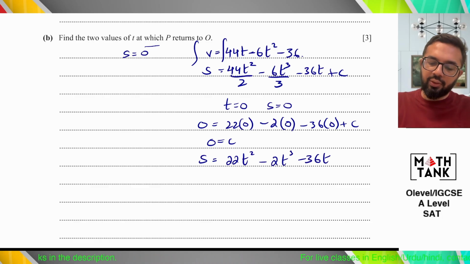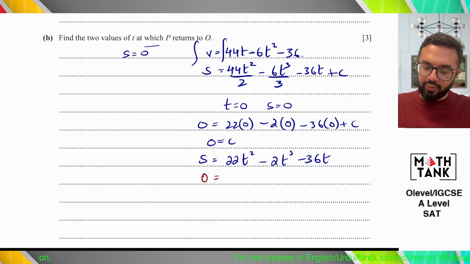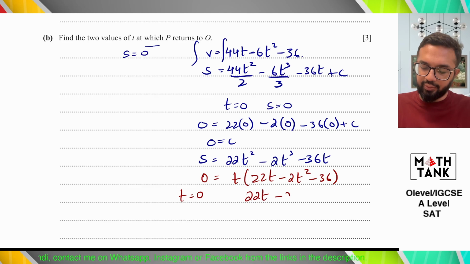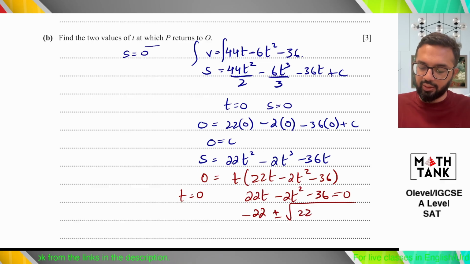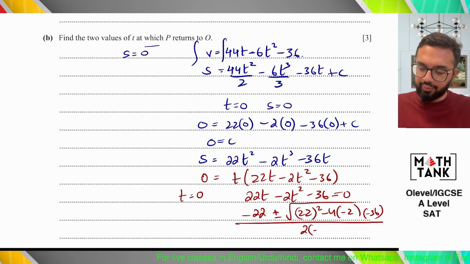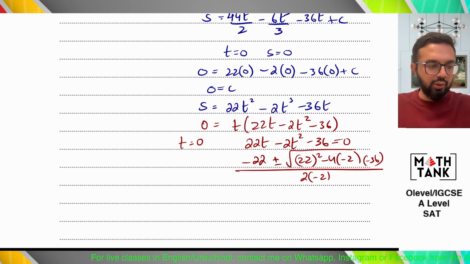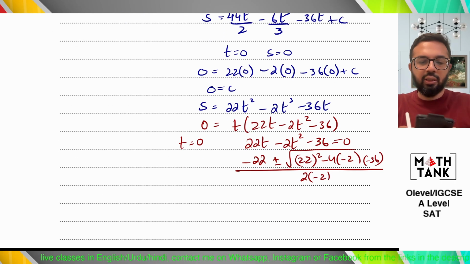When does the particle return to O? When the displacement is 0. I see a t common, so t times 22t minus 2t squared minus 36. So either t equals 0 or this equals 0. This is a quadratic, so minus b plus or minus the square root of b squared minus 4ac over 2a. Let's put that on my calculator.